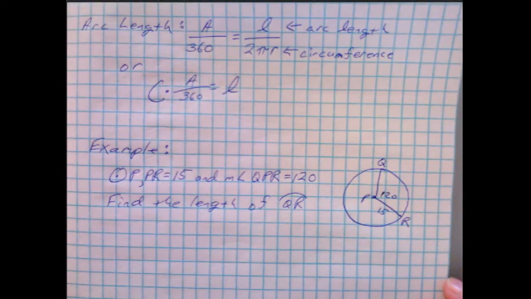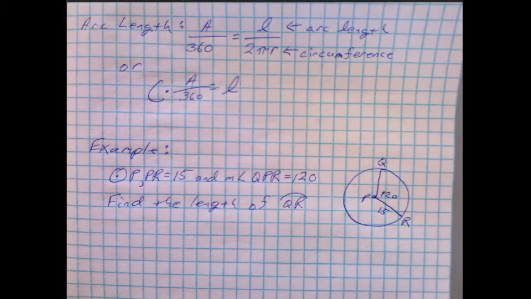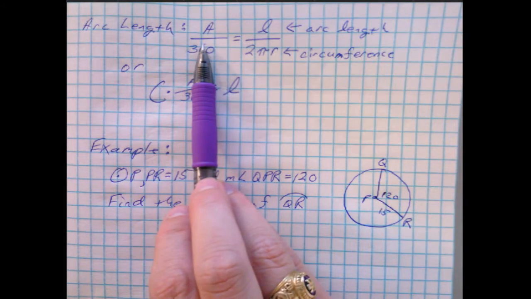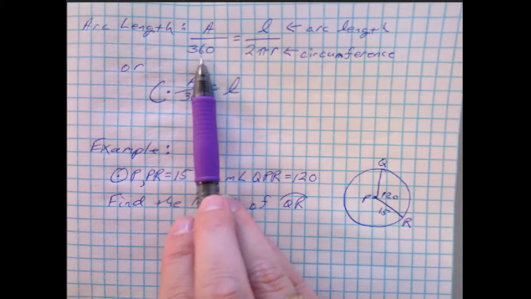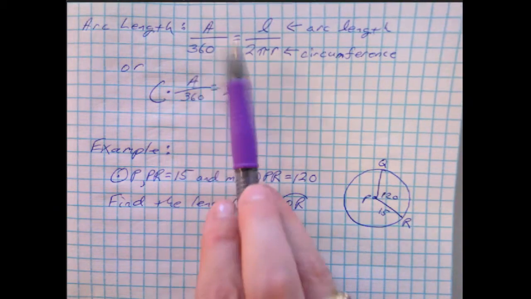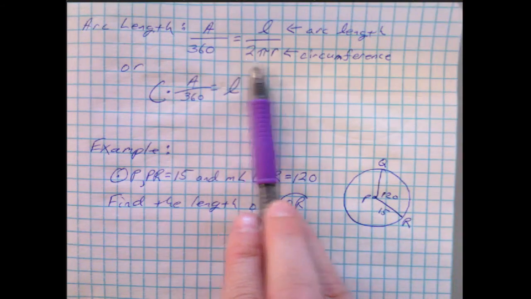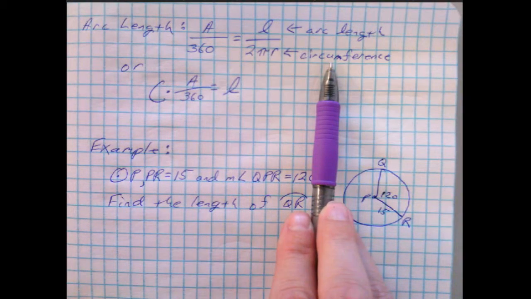Alright, so let's go on to the last little bit. I have a formula for you. This is for arc length. If you remember before, I was telling you those were in degrees. This is to actually find the length of it, not just the degrees. We have two different formulas here. You can either do A divided by 360 equals L, which is the arc length, divided by 2 pi r, which is circumference.